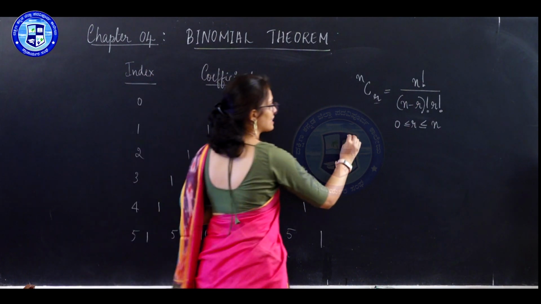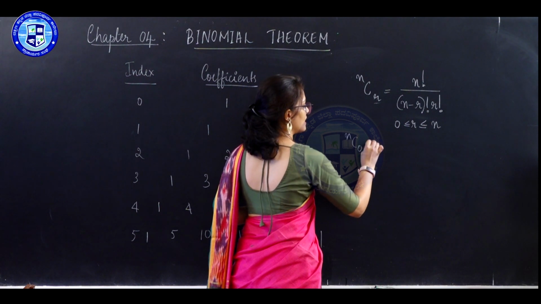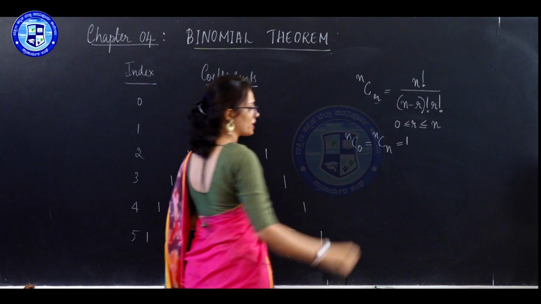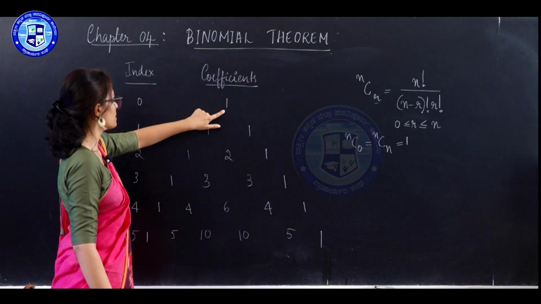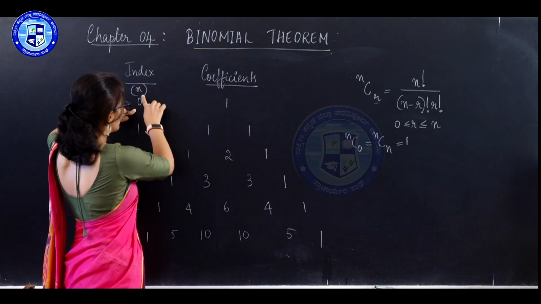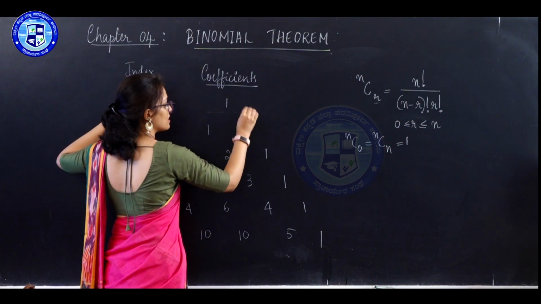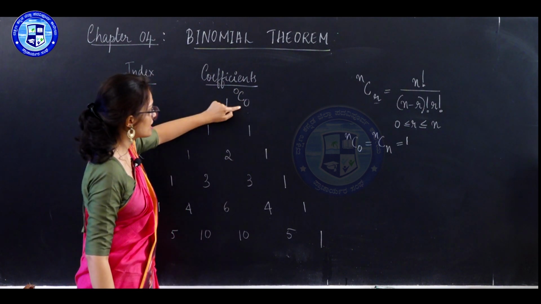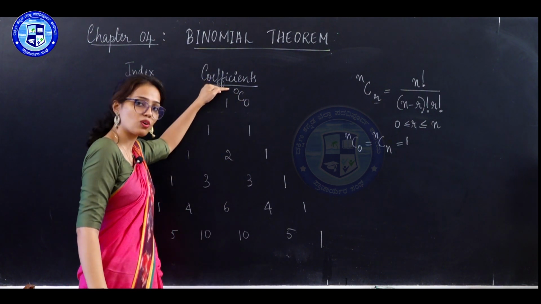We know that nC0 is the same as nCn, and that is equal to 1. Observe this properly. Here the index n is 0, so this one is nothing but 0C0. You are choosing 0 objects from 0 objects.